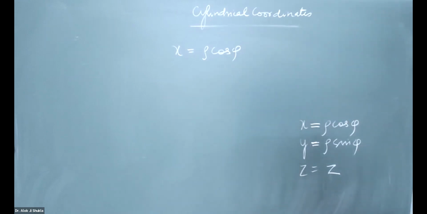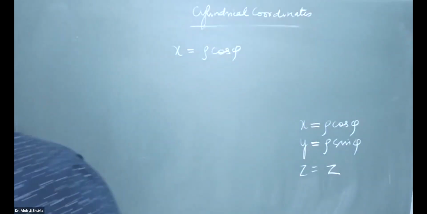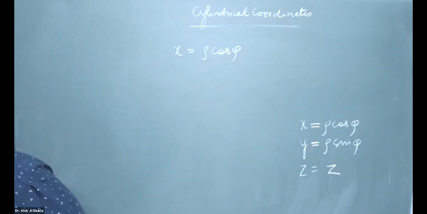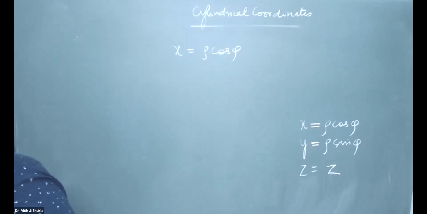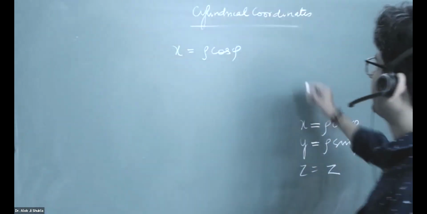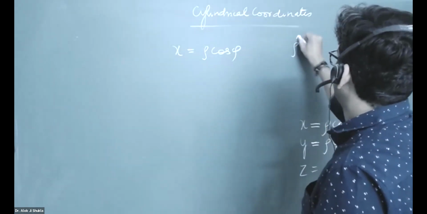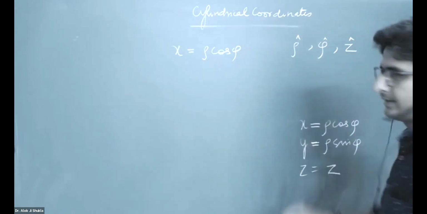So we know x cap, y cap, z cap, correct? We know them, the unit vectors x cap, y cap, z cap. So now we want to write the unit vectors rho cap, phi cap, and z cap.